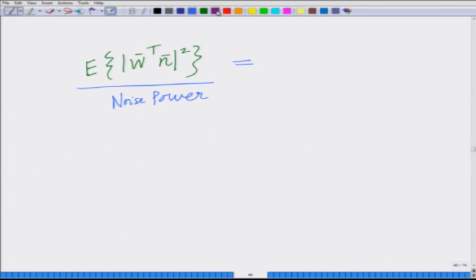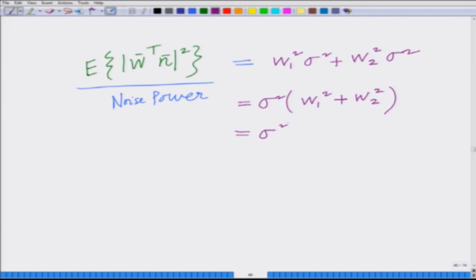The noise power is equal to W1 square sigma square plus W2 square sigma square, which is equal to sigma square times W1 square plus W2 square, which is equal to sigma square times the norm of our vector W bar square, because remember our vector W bar is equal to W1 comma W2.